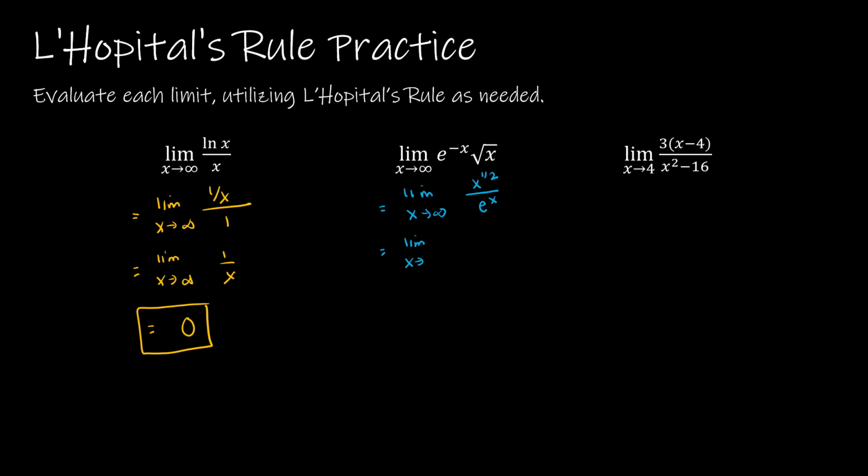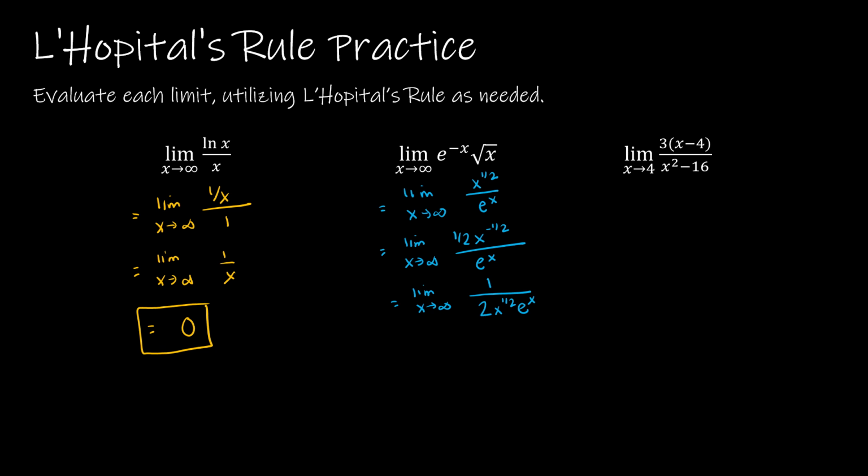L'Hopital's rule says let's take the derivative of the numerator, so that's 1/2 x to the negative 1/2, and the derivative of the denominator, e to the x. Let's clean this up. So the limit as x approaches infinity, and this is a 1 in the numerator and a 2x to the 1/2 e to the x.